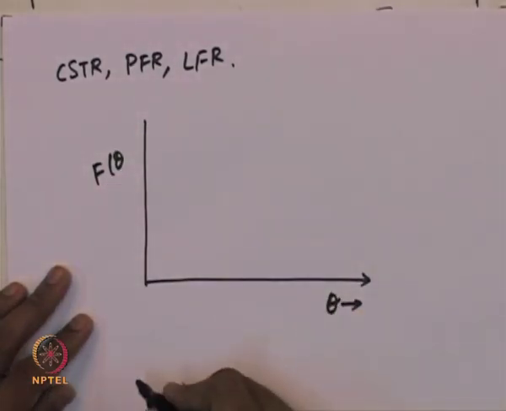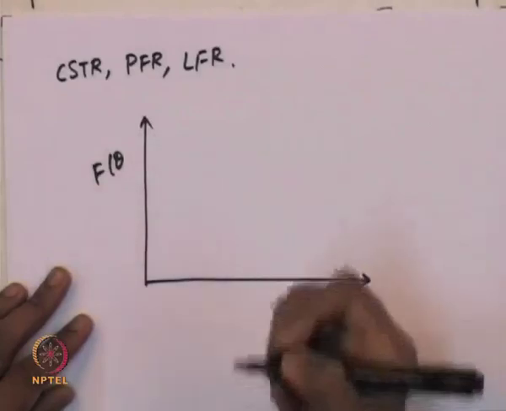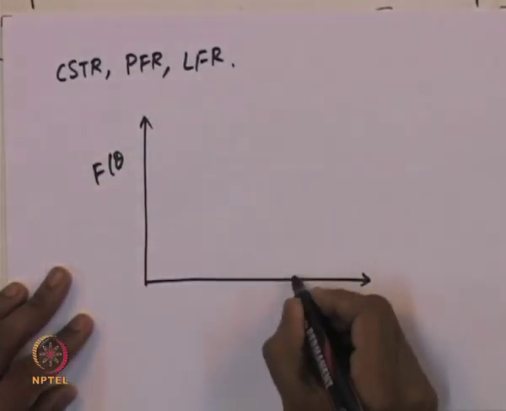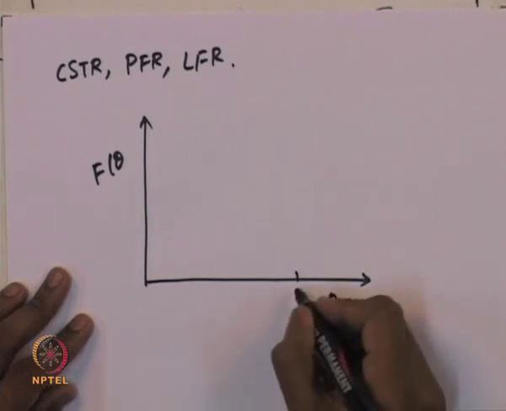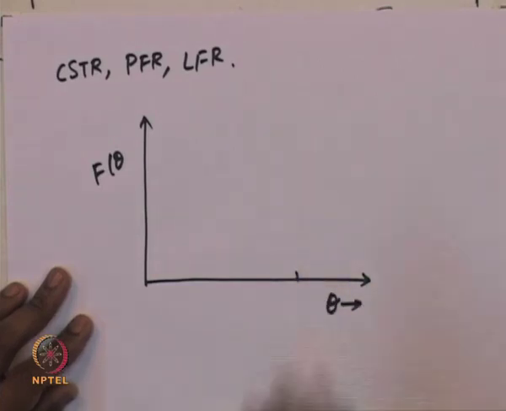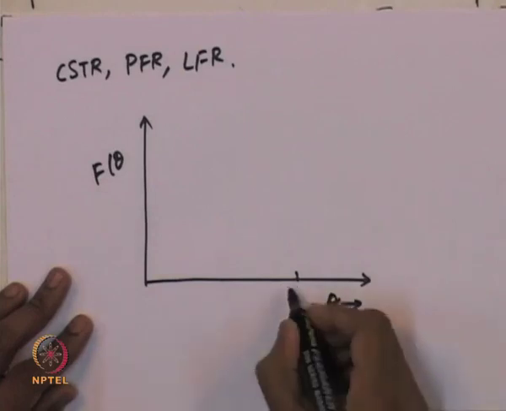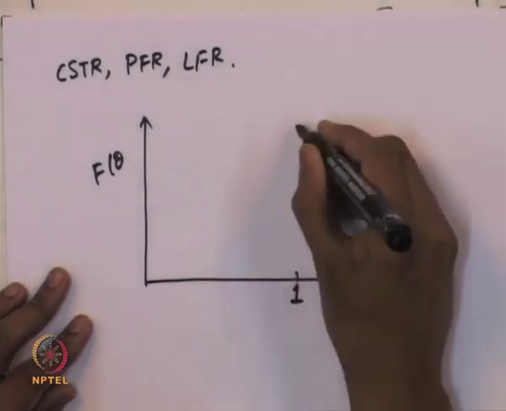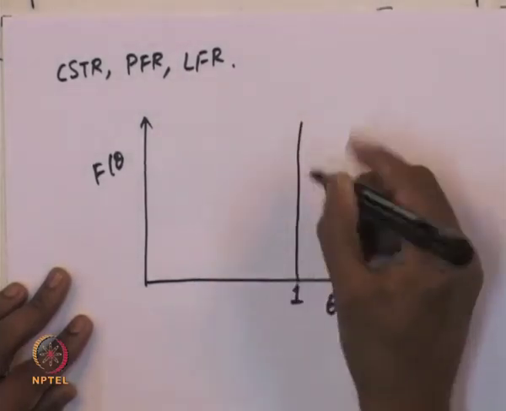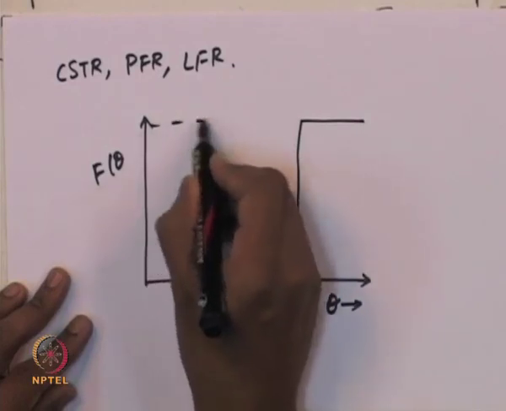If we plot the normalized F curve, then for a plug flow reactor, the F curve would start exactly at the space time of the reactor. So, therefore, it is exactly at 1, because it is a delta function, and so that will be 1.